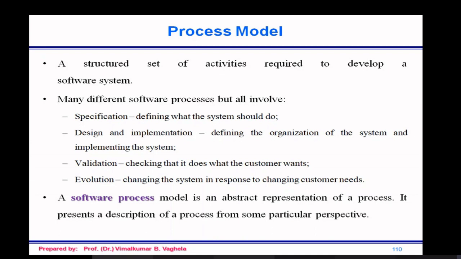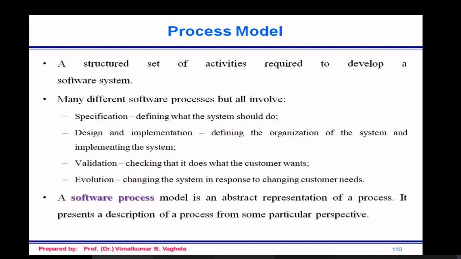Now I can define in a more precise way what we mean by a software process model. Before this we discussed a software process. Now we are going into more detail. Software process model is nothing but an abstract representation of a process.